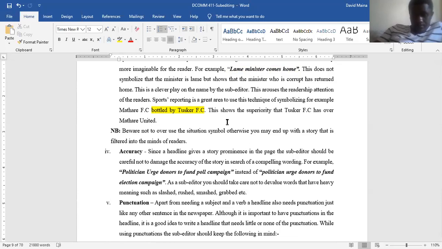So they are trying to tell you Mathare FC defeated Tusker. So bottled has been used there as a symbol. And this actually shows that they were able to defeat the Tusker FC. It is the other way around. I think it's the other way around. No, it is okay. It is like that.